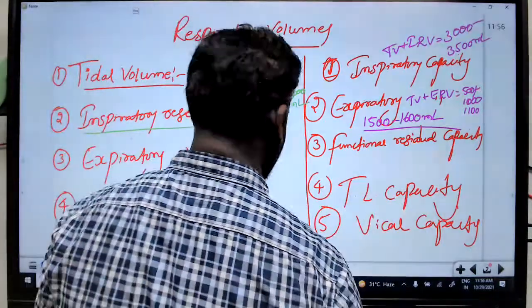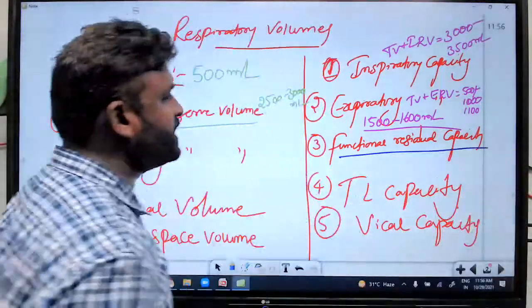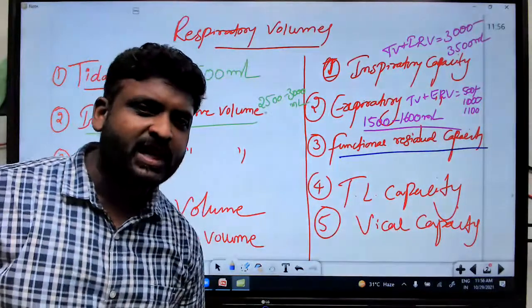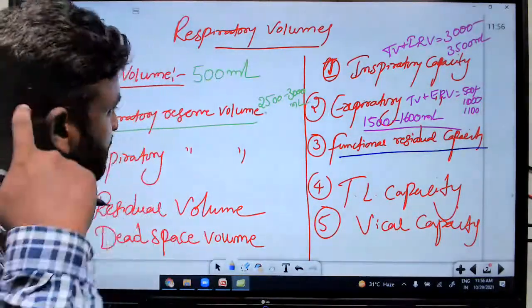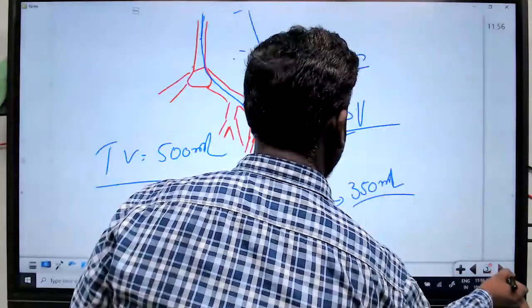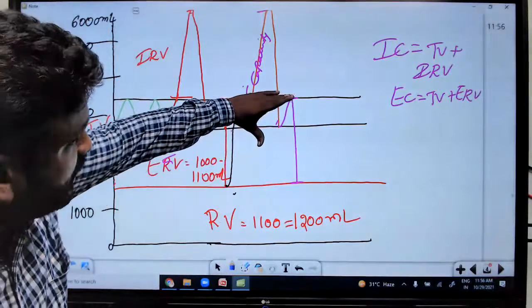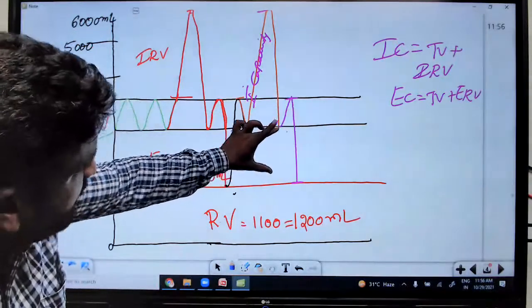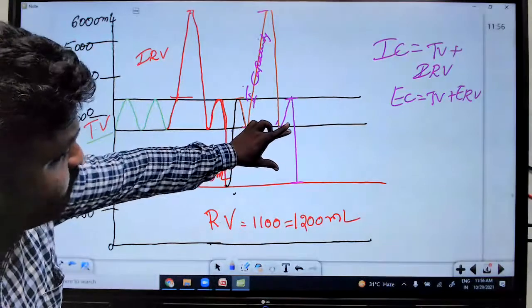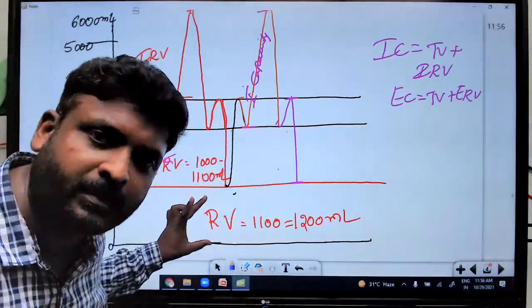After that, we have to go with functional residual capacity. What is it? Even after forceful expiration, the remaining amount in the lungs is called residual volume. Got it?